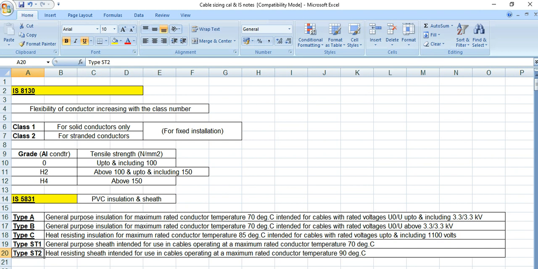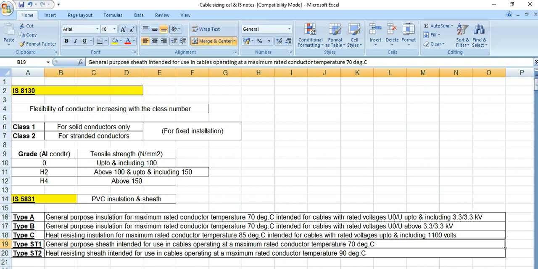So if the type is mentioned in the cable data sheet, you can understand from there what type of PVC insulation or sheath is applied in the cable. Between type ST1 and type ST2, the basic difference is temperature.